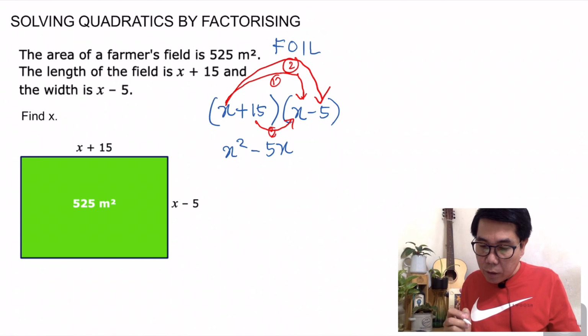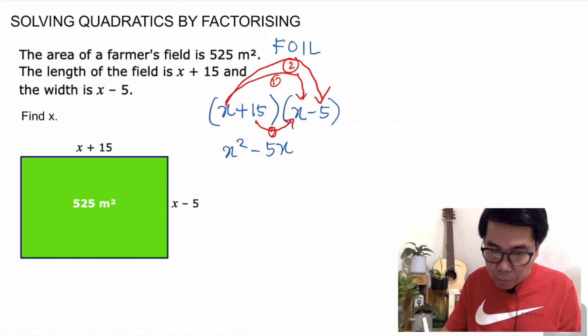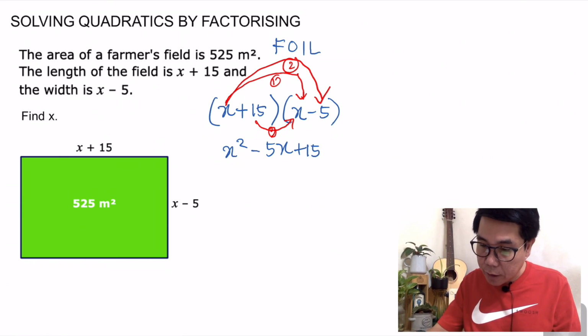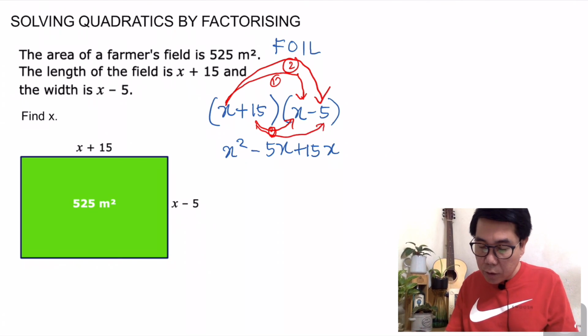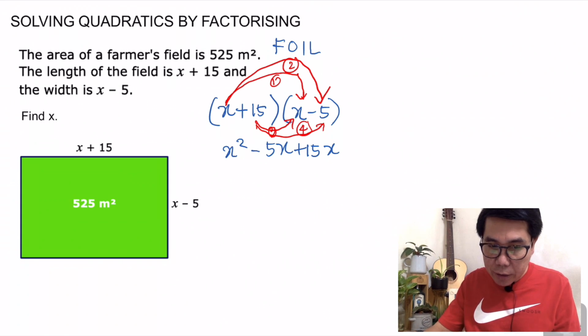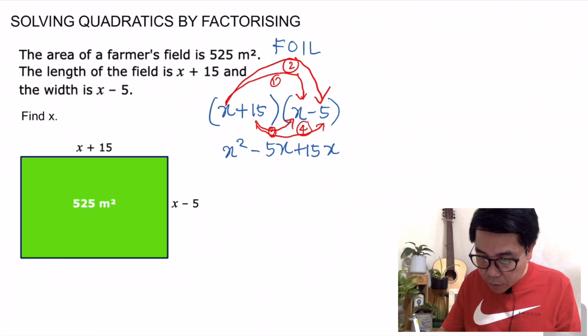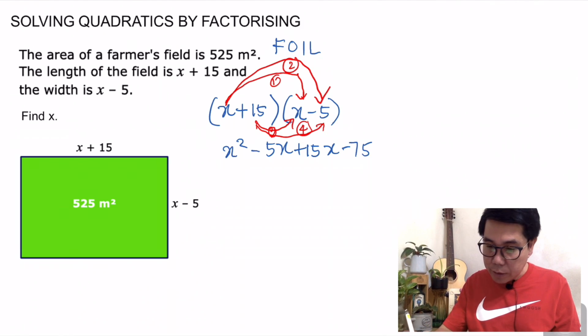So 15 times x is 15x, so plus 15x, and then the L is for the last. So this one is the last, and this is number 4. So 15 times negative 5 is negative 75.